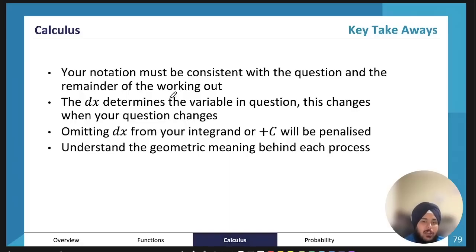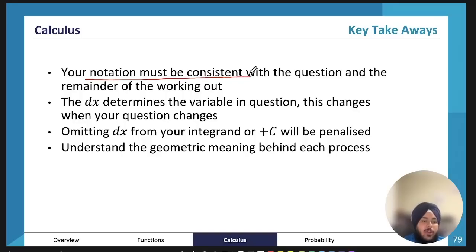Just the key takeaways from the calculus section: notation must be consistent throughout the entire question, and being spot on with the notation will really help you not only know what you're actually doing, but also your examiner who's marking it as well.